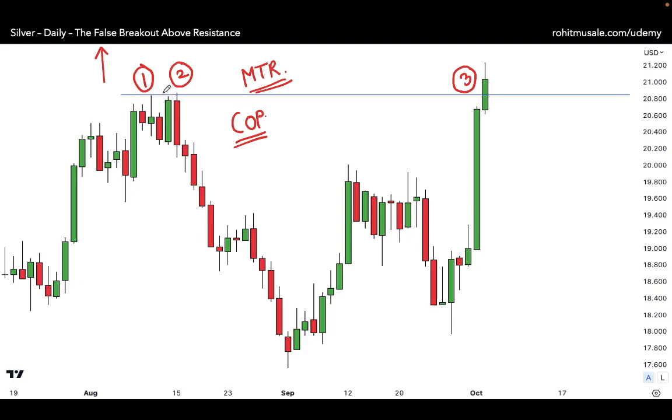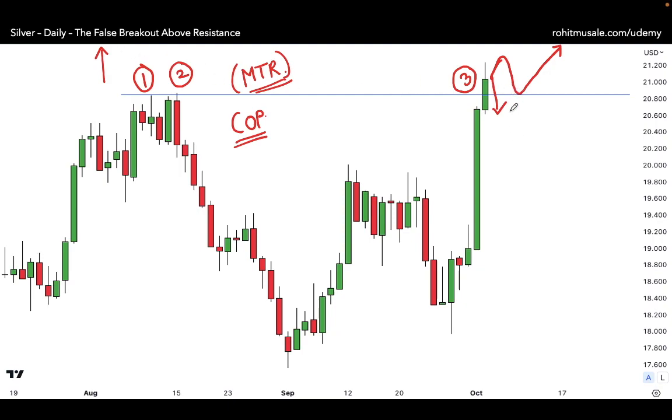So in this case, you have old resistance and this is multi-tested resistance. So that should ideally become support. So price should go up and then come down and bounce from here and then continue upwards. That's called a genuine breakout. A false breakout means the price goes up, and then the price falls down immediately.